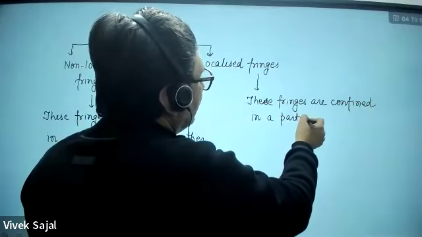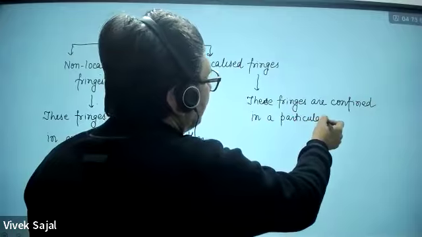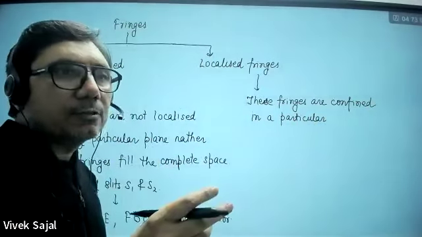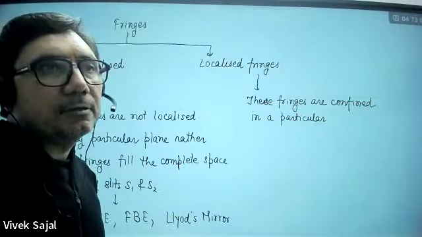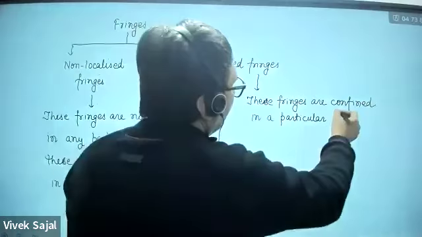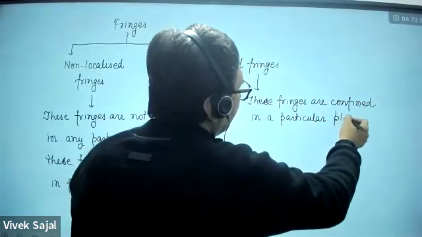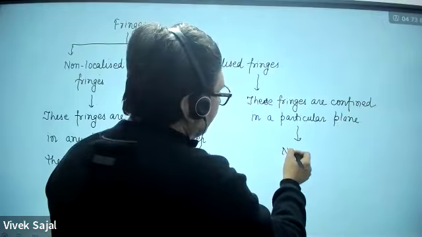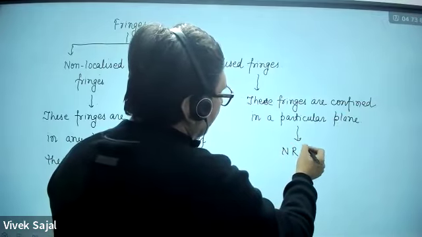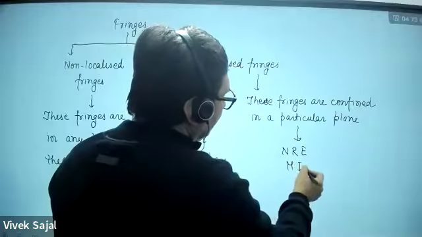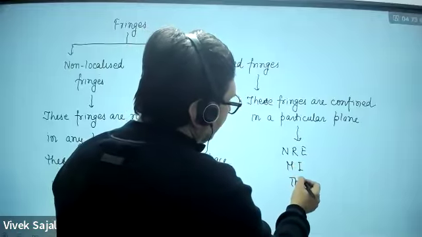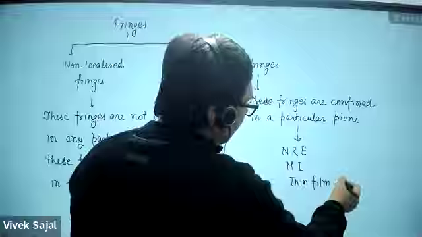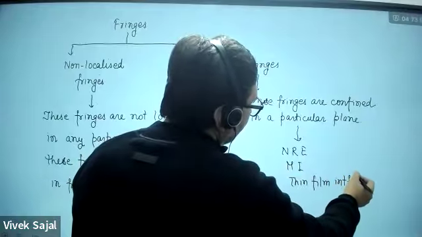If you observe that, they are observed in those cases where you are getting coherent sources by the division of amplitude, in a particular plane, like Newton's ring experiment, Michelson interferometer, thin film interference.